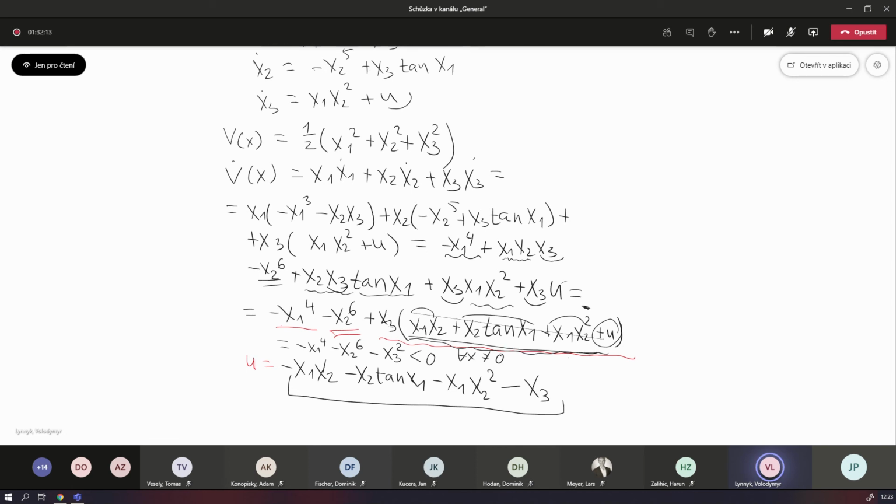For example we can put minus x3 to the third degree, it's okay, or to the fifth degree, for example. Always this system will be stable.